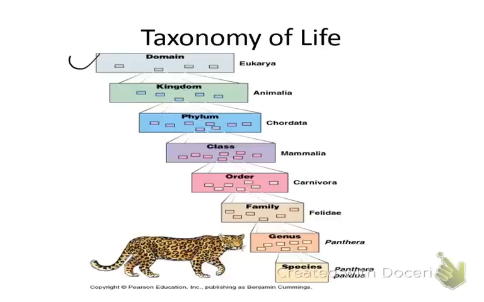Then there's the phylum, and we have the phylum Chordata because we have a backbone. And then there's classes, and we are the class Mammalia because we produce breast milk and have hair and all the things that mammals do. And then order, family, and then the genus and species is what makes up the scientific name. So that's your specific scientific name.